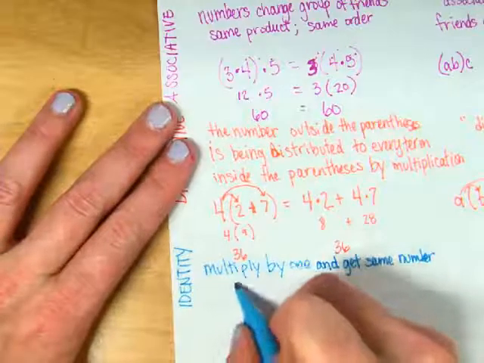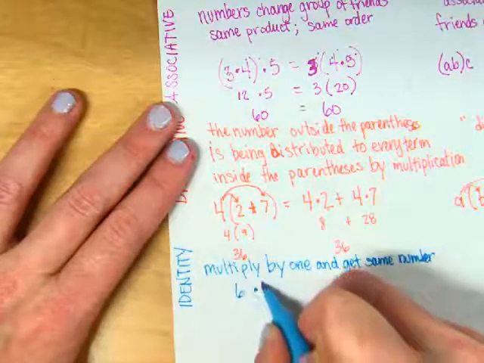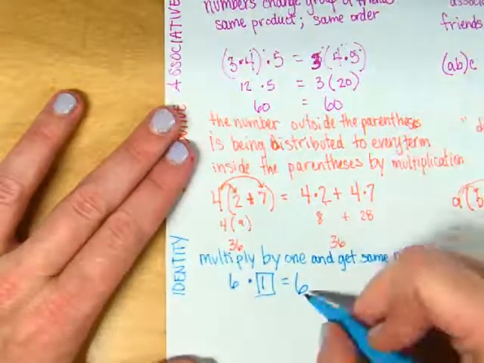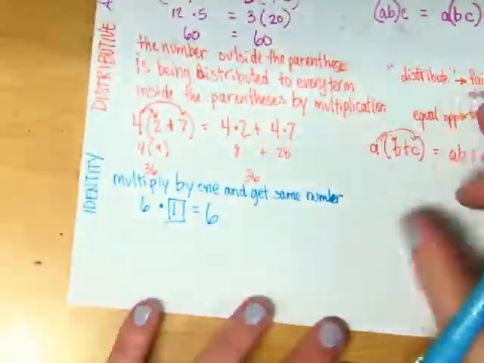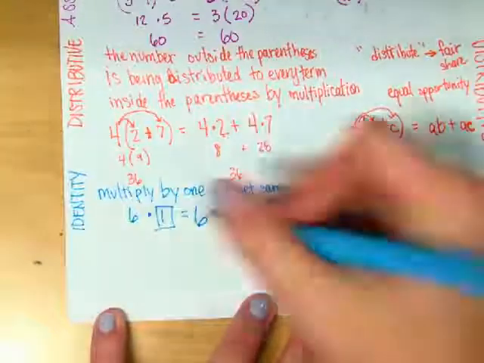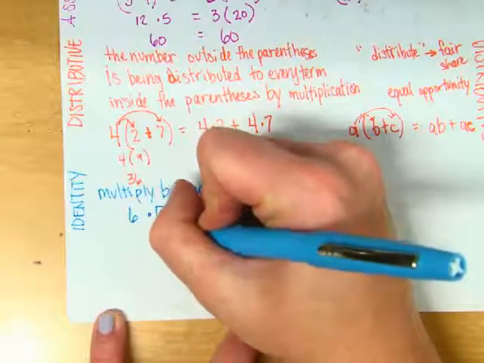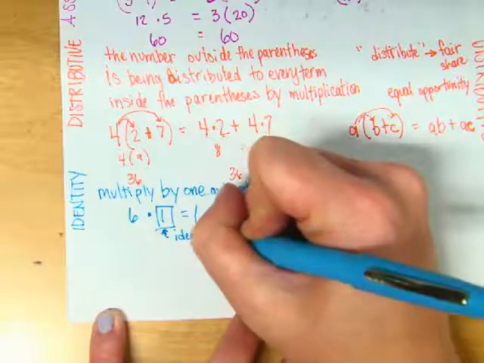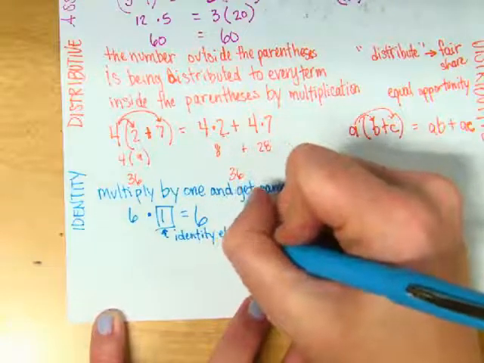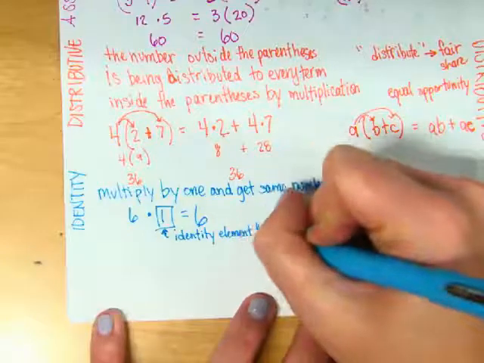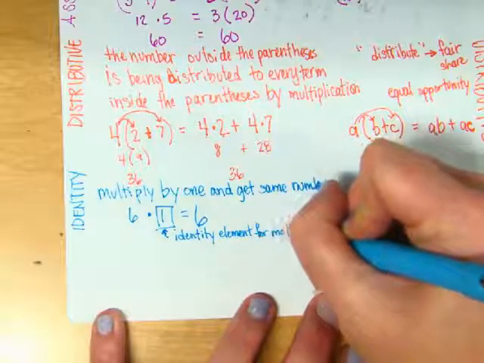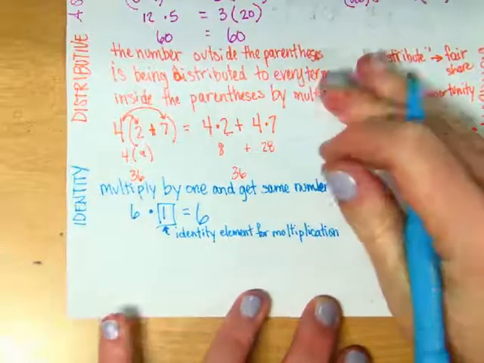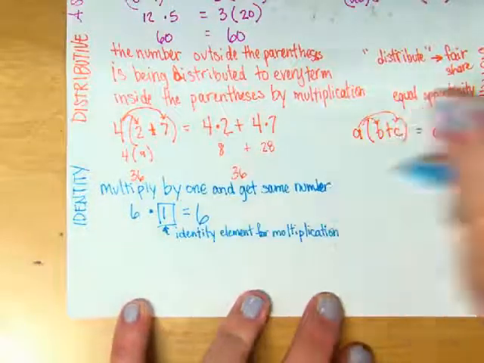So that would be 6 times 1 is 6. Okay? It's got the same identity. We have not changed the identity of the 6. So 1 is the identity element for multiplication. One is the number that we use when we don't want to change the identity of a number in multiplication.